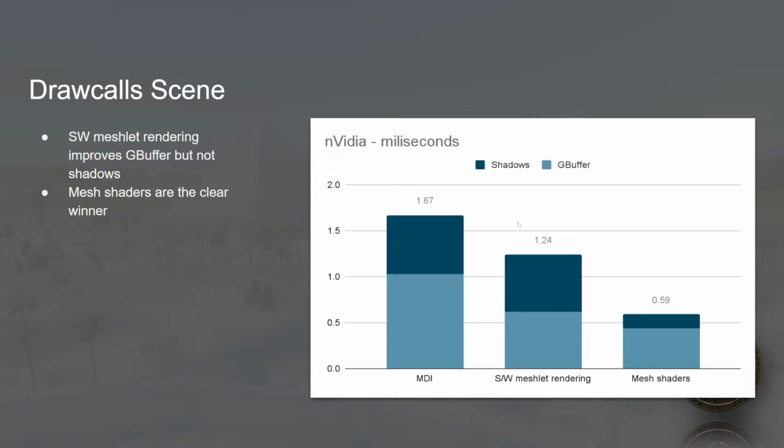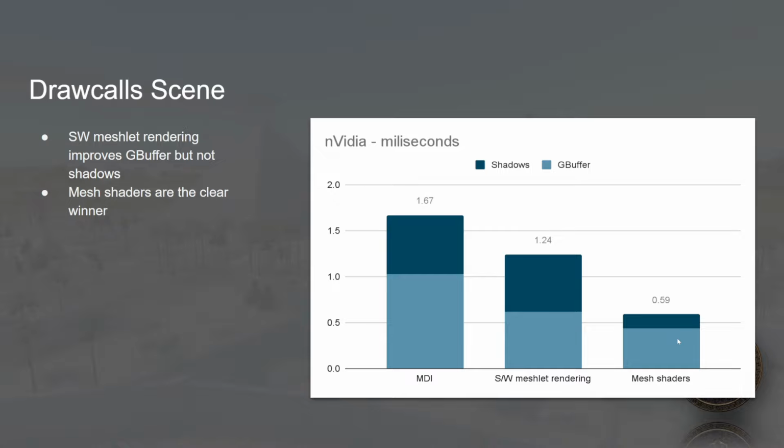Here we have some numbers comparing the three modes the engine supports on an NVIDIA 4080. On the left side, we're drawing the full meshes using MDI. In the middle is the software meshlet rendering fallback path, and on the right the mesh shaders.